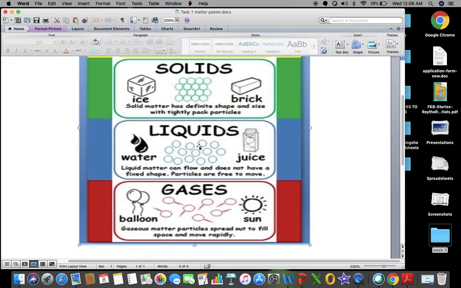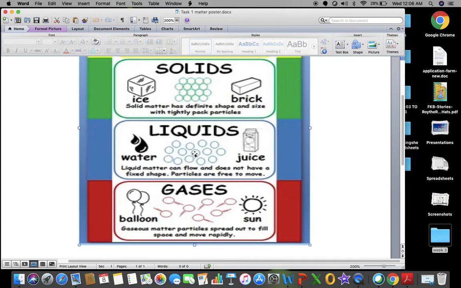Look at the atoms and the molecules here. They are free to move around. They are close together but they can even move around freely. So that's the reason the liquid easily takes the shape of any container you pour it in.